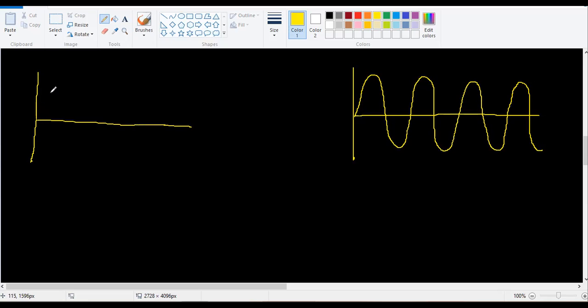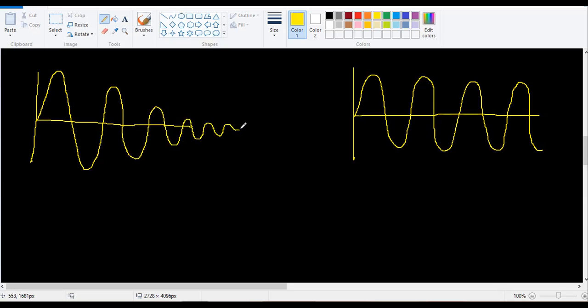It's not going to keep on going forever. Initially the amplitude is higher, and then the amplitude decreases, and it decreases, and it decreases. So it means the amplitude decreases in an exponential way. Very important, so take it down. The amplitude decreases so quickly.